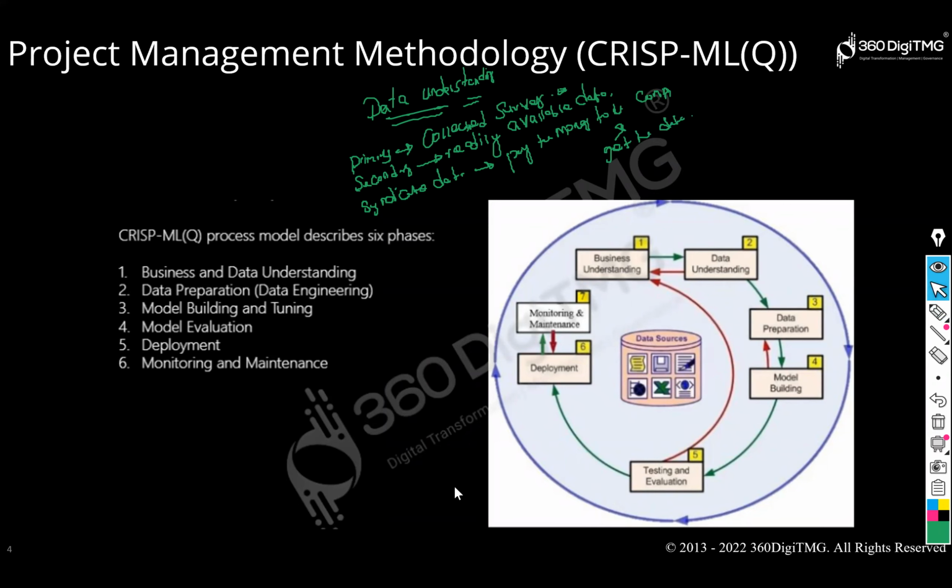Now, secondary data is capturing past data. Any past data available, or any data available from the company itself. How is it available? Previously, any project done for the company.